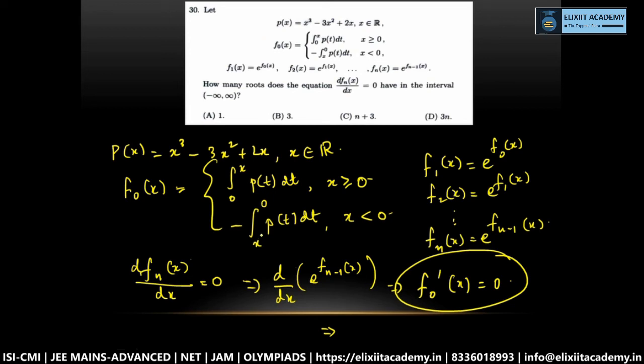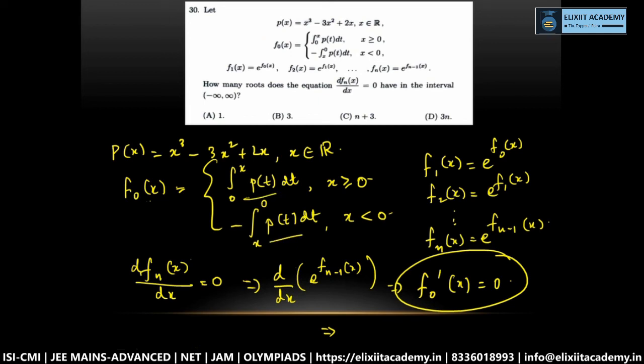And what is f0 prime x? F0x is this, so what is f0 prime x? It is the derivative of the integral of 0 to x of pt dt, and minus the integral of x to 0 of pt dt. You can see that f0 prime x is px only.